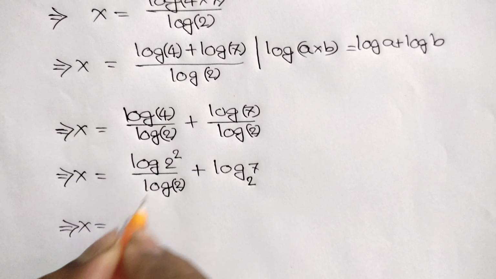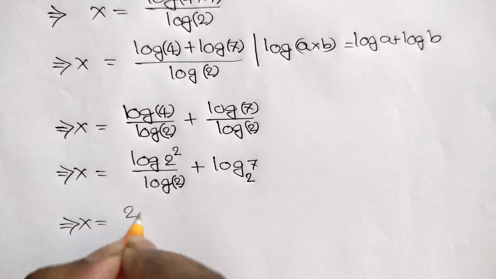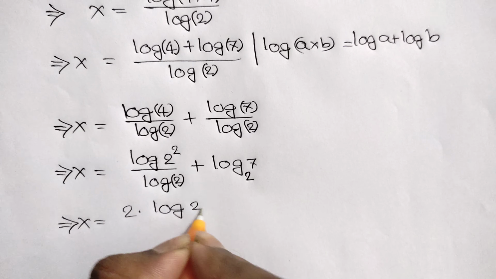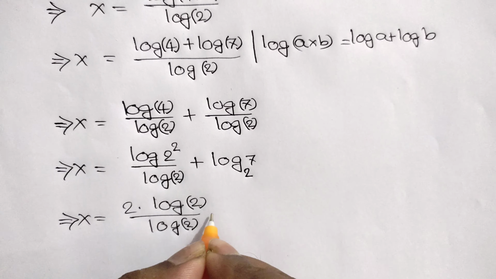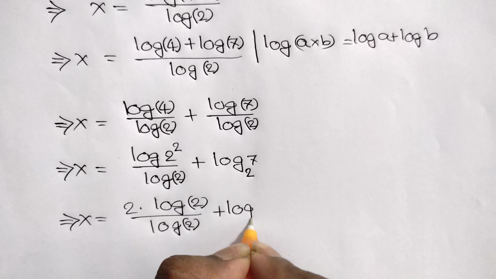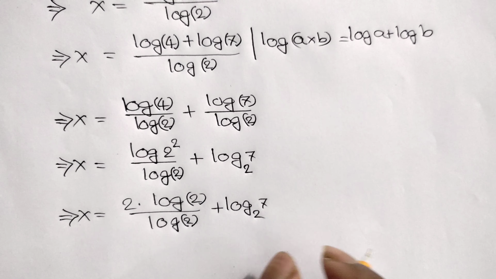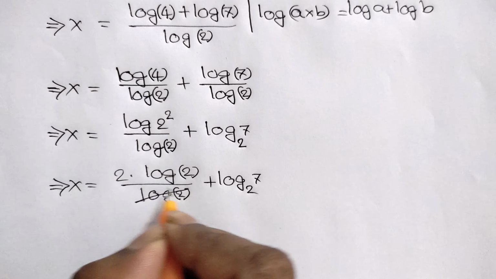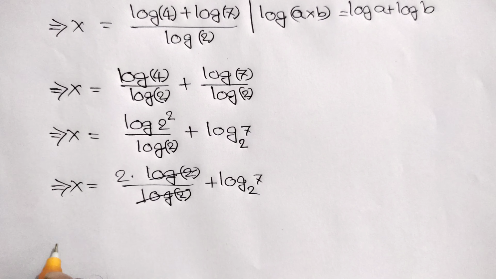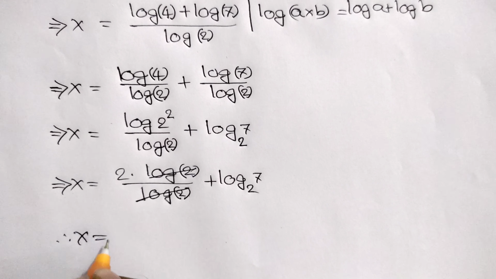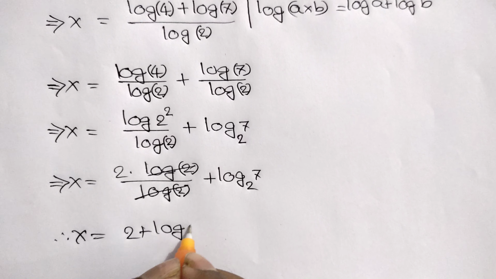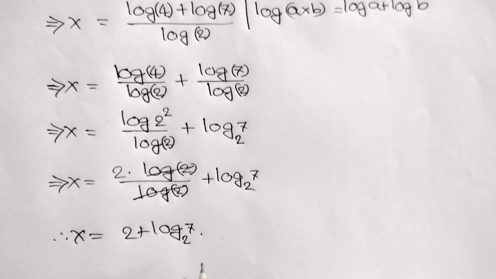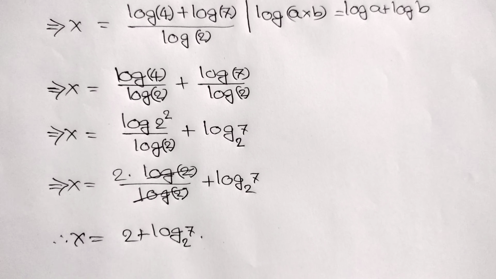Or x is equal to, this 2 moves here, so we will get 2 times log of 2 over log of 2 plus log of 7 base 2. Now this log of 2 cancels out this log of 2, so finally we will get the value of x is equal to 2 plus log of 7 base 2, and it is our final answer.